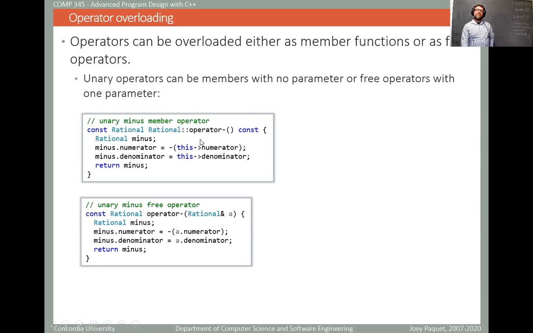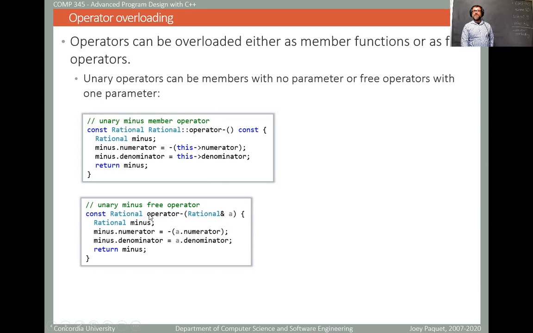If you implement it as a member of the class rational, say you want to implement a unary minus operator for the rational class, you would declare it as such here. This operator minus is a member of rational and does not have a parameter. So that's the unary minus we're talking about. Here you are declaring a free operator.